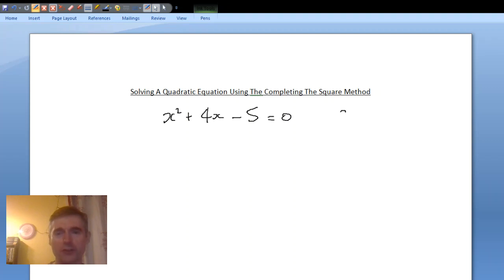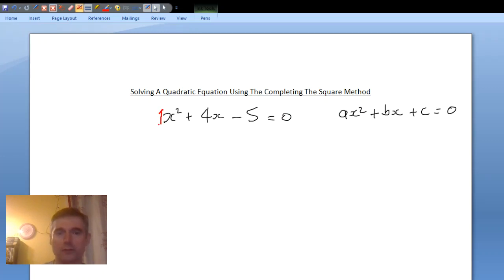Okay, now to solve this using this method, we need to remember that a quadratic equation in its general form can be written as ax squared plus bx plus c equals 0. And the a, b and c are the coefficients within the quadratic equation. So here we can see that the a is the number that's multiplying the x squared.